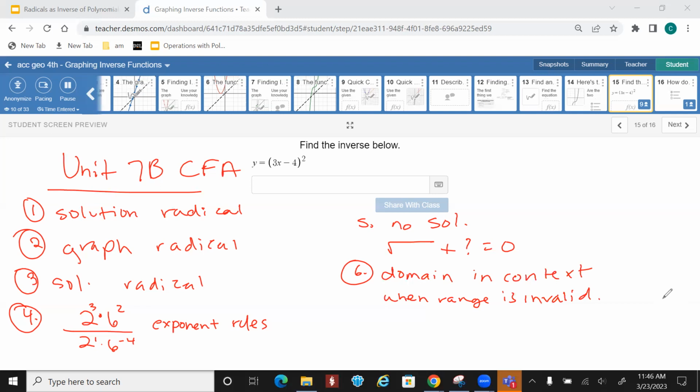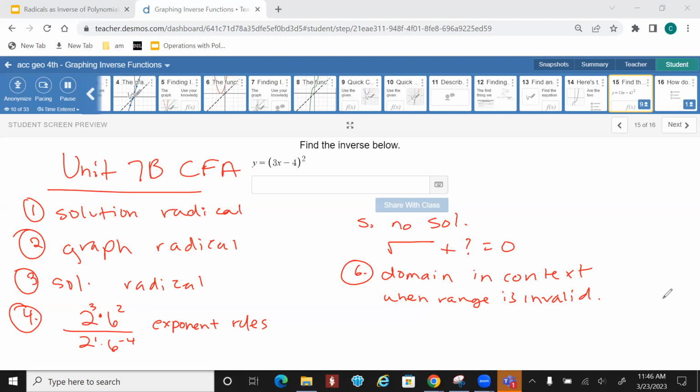So you can't have negative hours, can't have negative speed. If I ask when the range is invalid, I'm asking for what domain is my range going to be negative? Invalid means does not work in real context. That one's a little tricky, might give you a little bit of trouble.